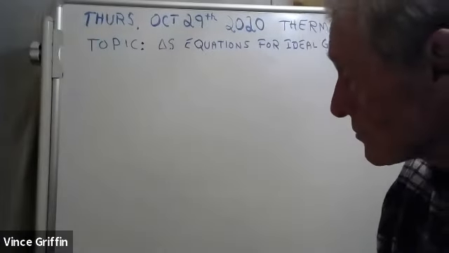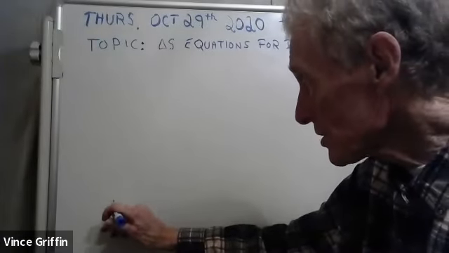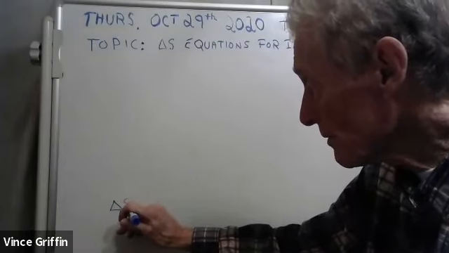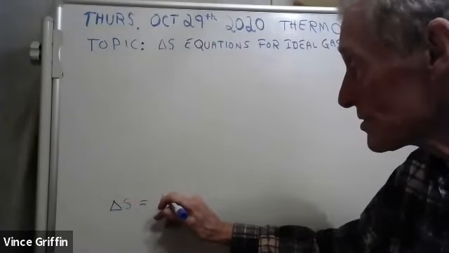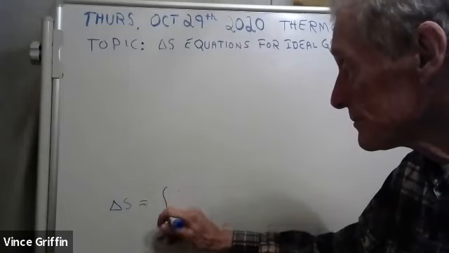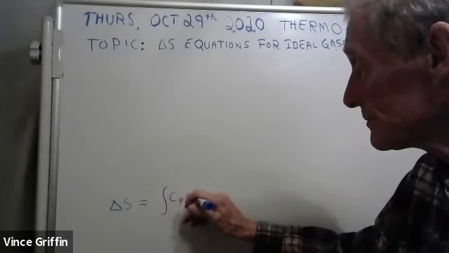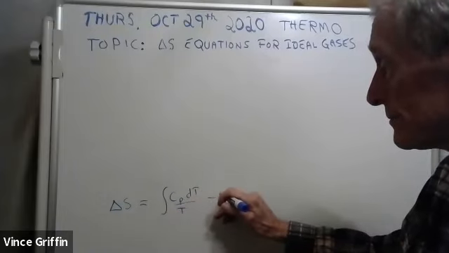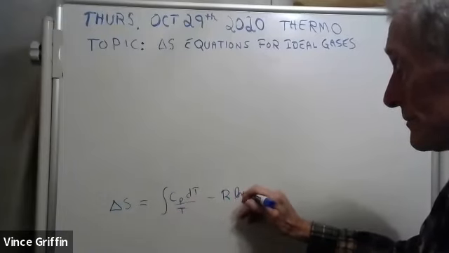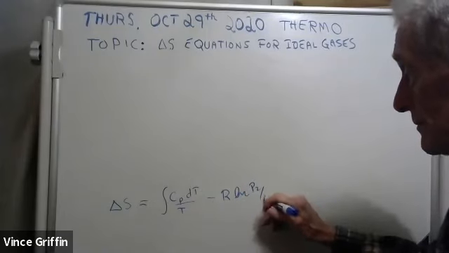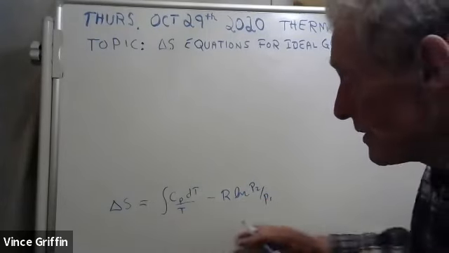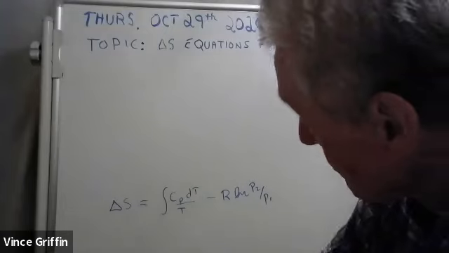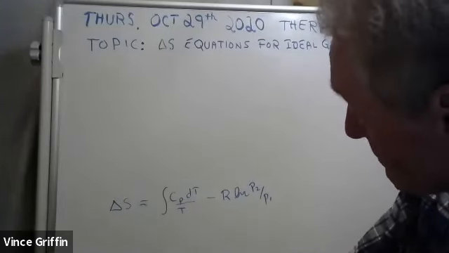Now what we're trying to do is come up with these equations here. I'll put them down here. This is going to be our end result. And there's another one down here. I'm too lazy to write it right now, but these are all in your book.